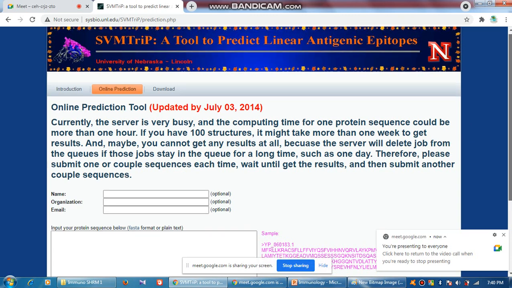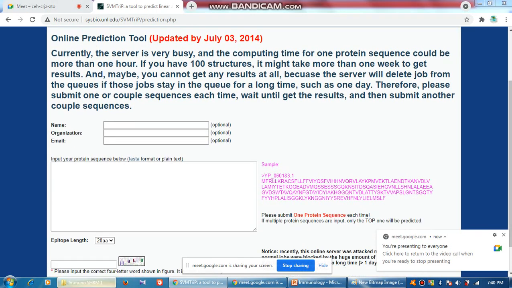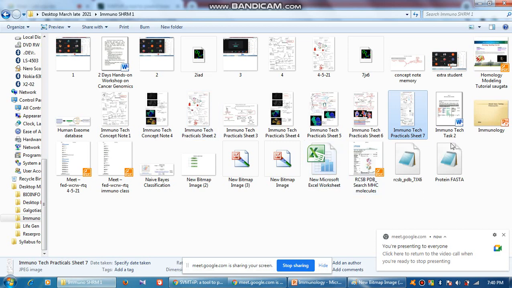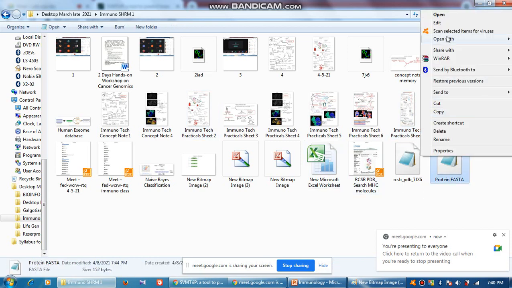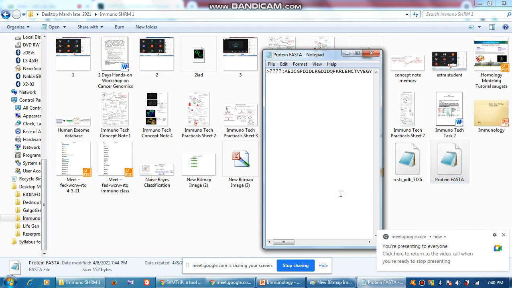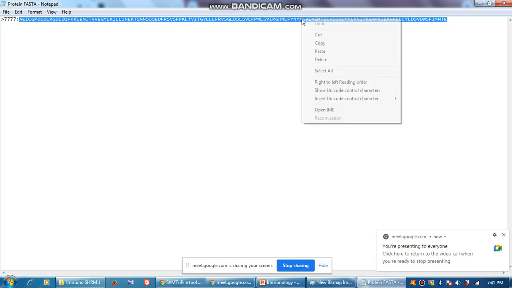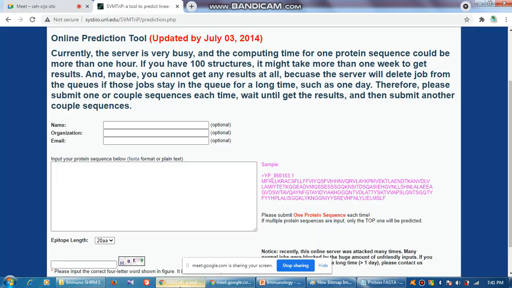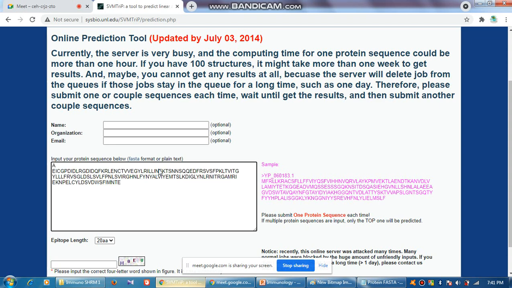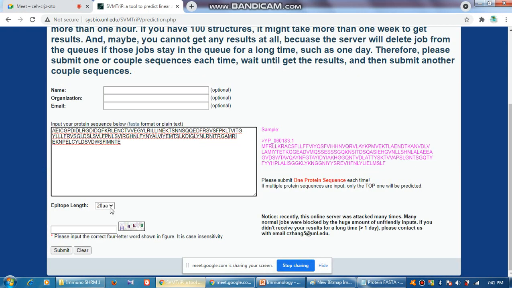Now we will put our sequence, and we will try to see what exactly the antigenic epitopes are.